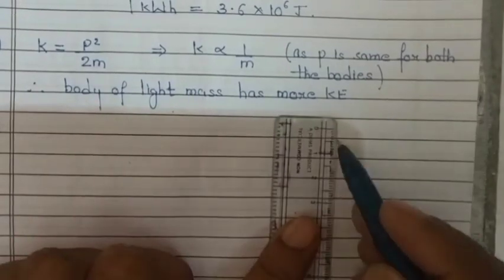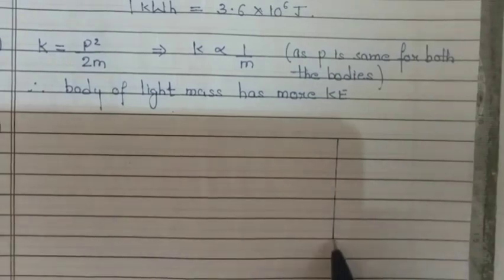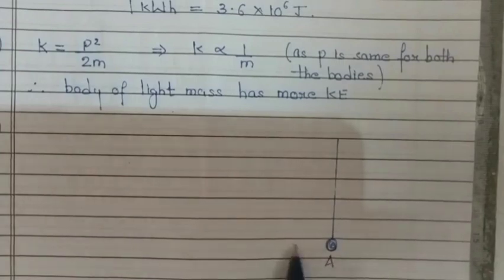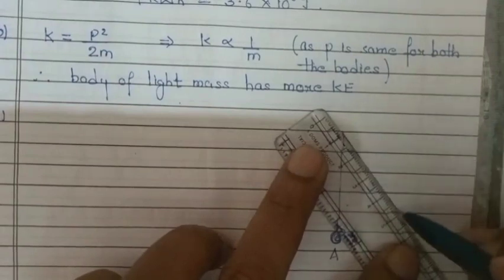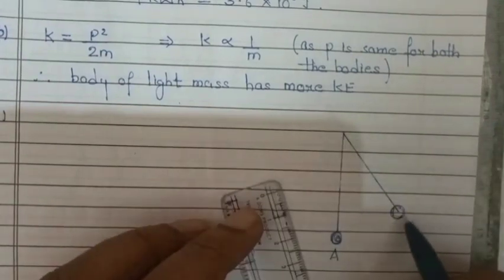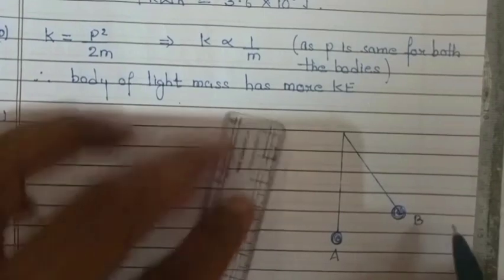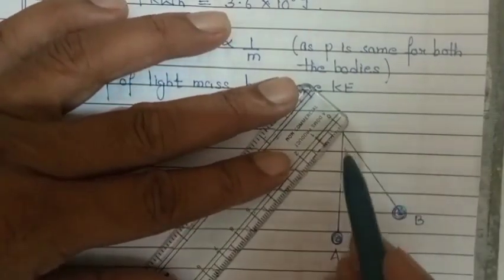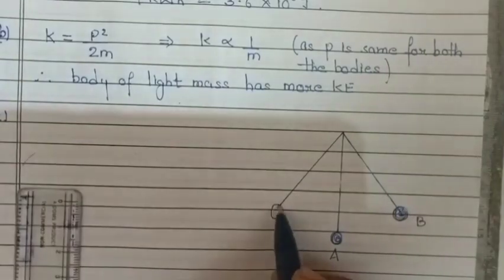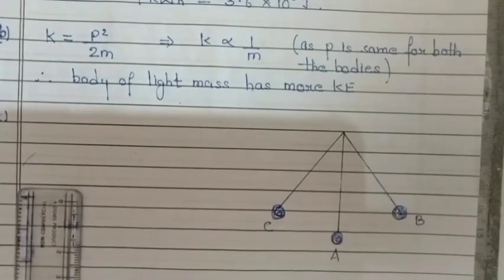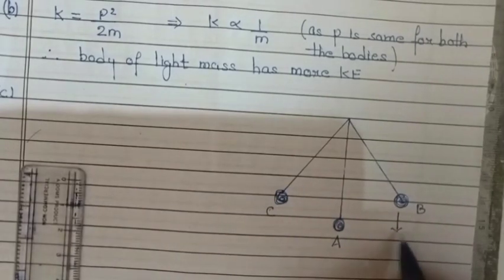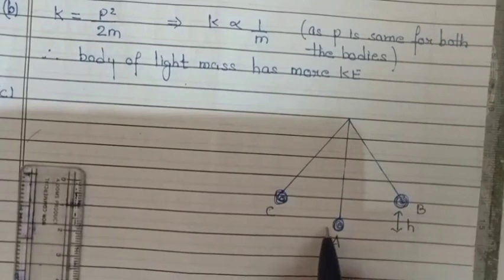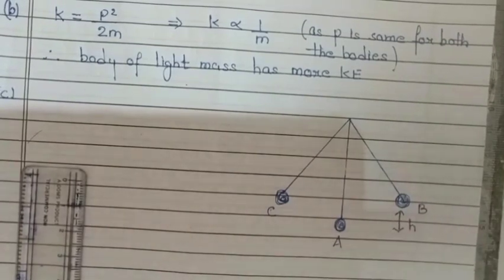We have the mean position of a pendulum here, which is A. Then this pendulum is oscillating on either side, and the extreme positions for the pendulum are B and C. Now these extreme positions are at height h above the initial position A.